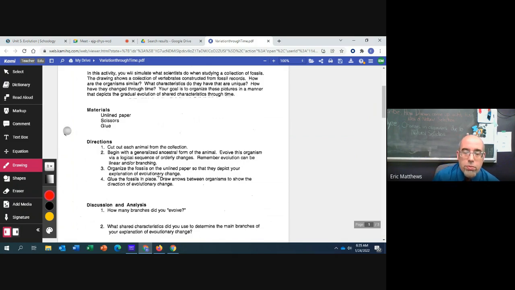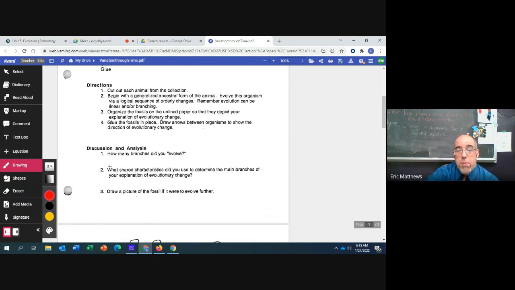It's not too troublesome. Now, once you're done, it wants to know how many branches you evolved, because most of you are going to end up evolving more than one pathway. You'll see different characteristics start to build up that clearly go off into their own group. I'll show you an example in a moment. What shared characteristics did you use to determine the main branch?